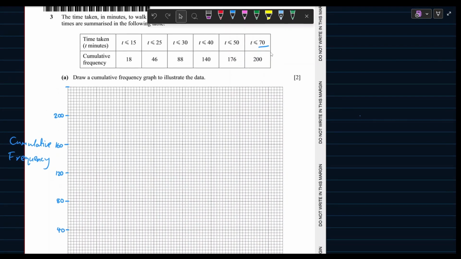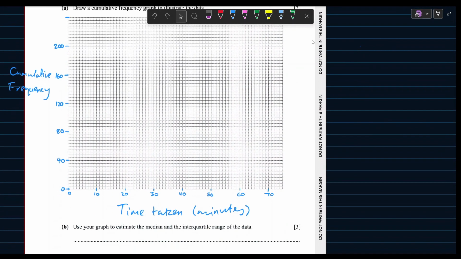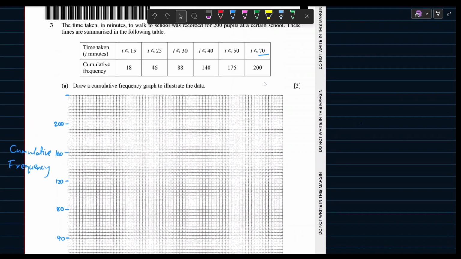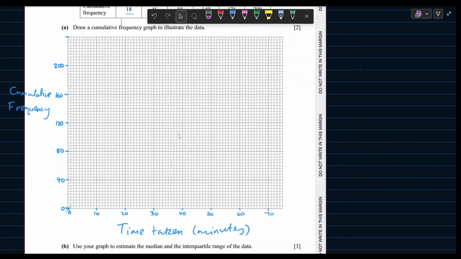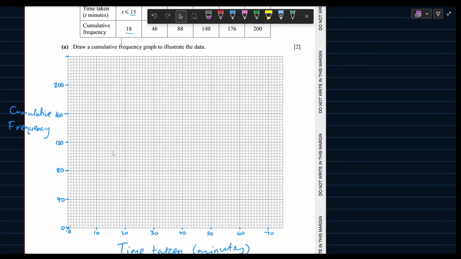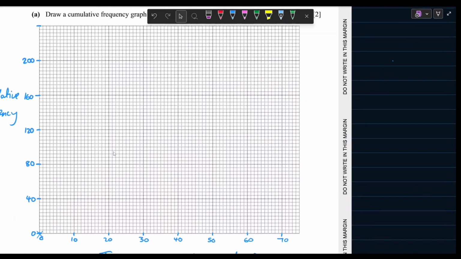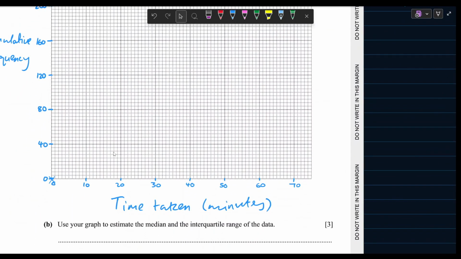Our first point, you always mark the point (0, 0). Then we go on to the point at which our time is 15 and cumulative frequency is 18. So we want time to be 15 and cumulative frequency to be 18.